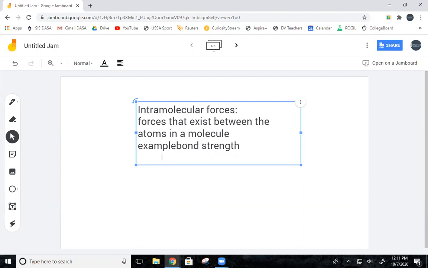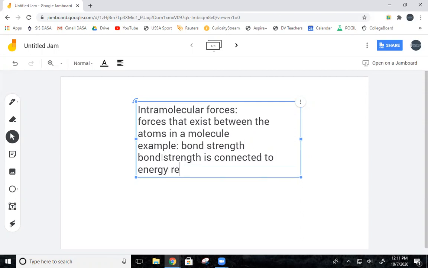Really what we're going to be discussing today is bond strength. I don't think that I need to define that for you, but it is connected to energy released when the bond is broken.